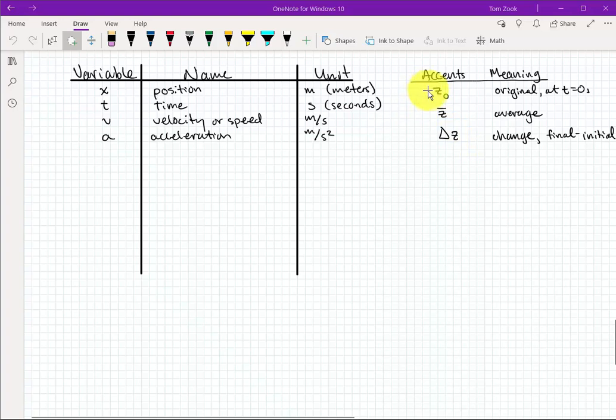So if it has a 0 as a subscript, that means original or at time 0 seconds. If it has a bar over the top of it, just a bar, that means average value of z. And if it has a delta symbol in front of it, that means change in z, which means a final value minus an initial.